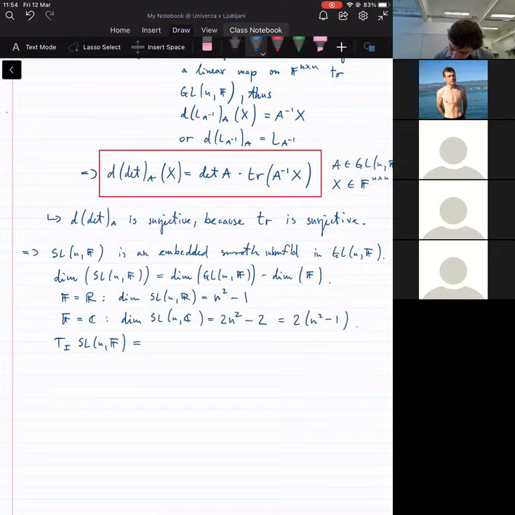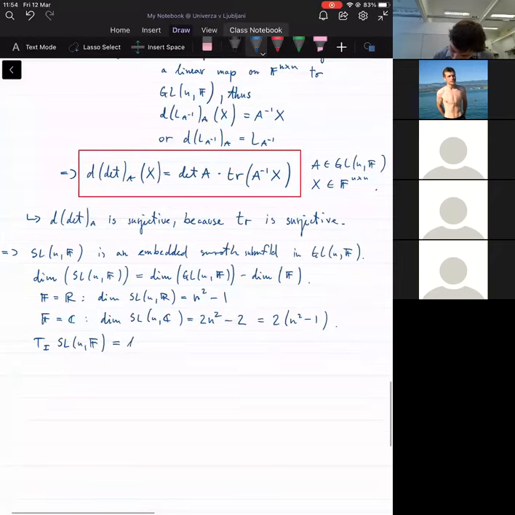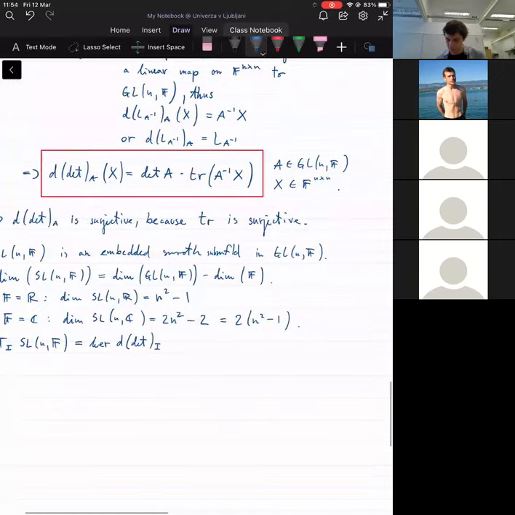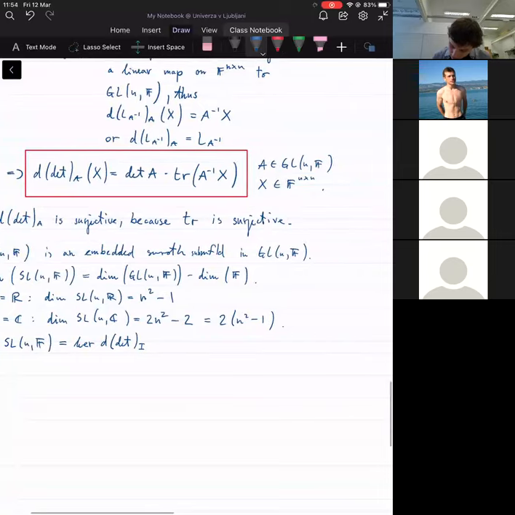As we know now, this is the kernel of D of determinant at I, and this is nothing else but the set of all traceless n times n matrices. By definition of the kernel of a map, of a linear map.